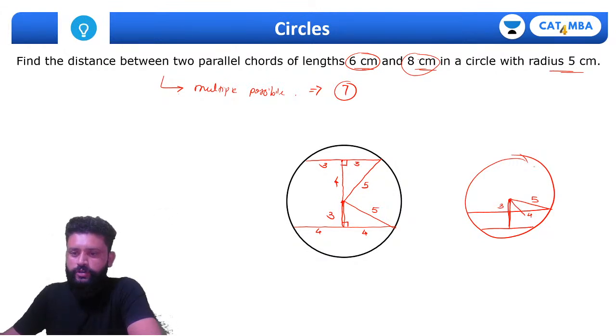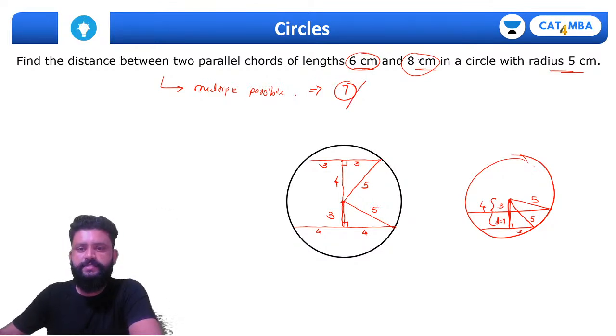Then we draw perpendicular from here 4, यहाँ पे 3 होगा, that is 5. Okay, so this will be 4. This complete distance will be 4. Okay, so the distance between this chord will be just 1. So answer is either 7 or 1.